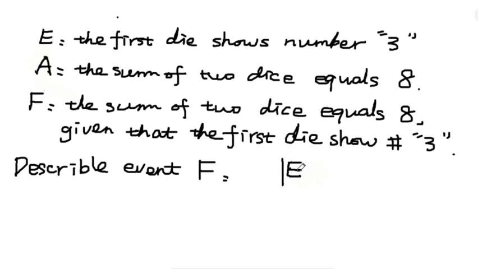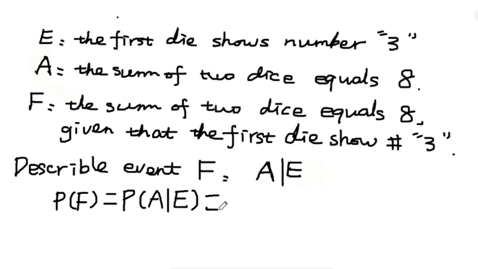Given the event E occurs, then event A, right? So we use this notation to describe it. Given the event E occurs means given that the first die shows the number 3, then the sum of the 2 dice equals 8. So when we describe the probability of event F, that will be the probability of event A given the event E occurs.